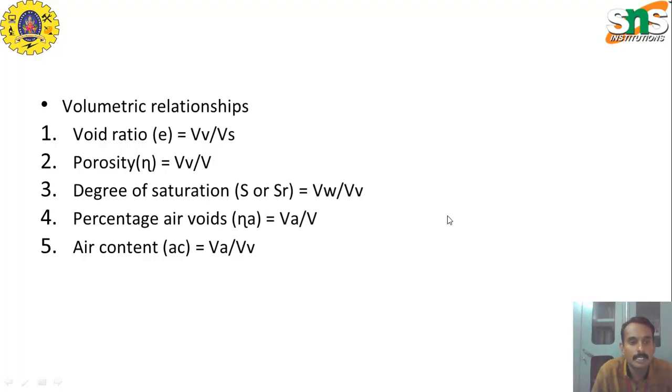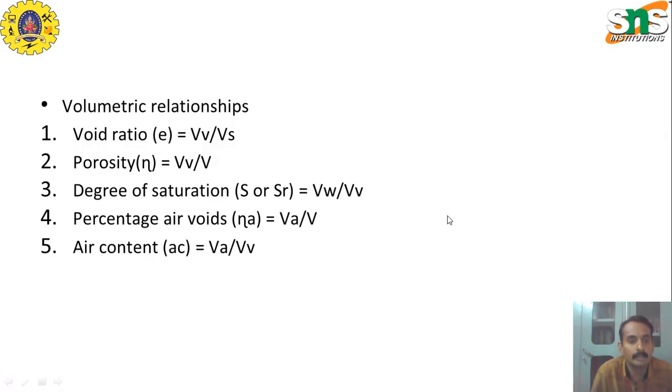Next two ratios are percentage air voids and air content. In case of dry soil, air molecules are getting filled inside the pore spaces of soil. So percentage air voids is the representation of air content in the form of ratio, that is the ratio between volume of air to the total volume.